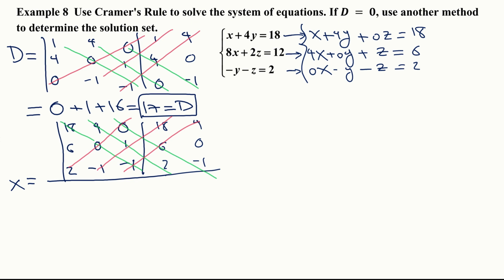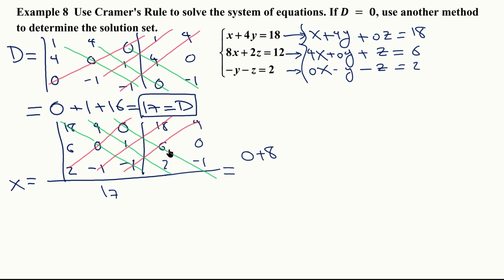And we know that the denominator is just going to be 17. All right, so we have 18 times 0 times -1, that's just 0. 4 times 1 times 2, that's 8, so +8.